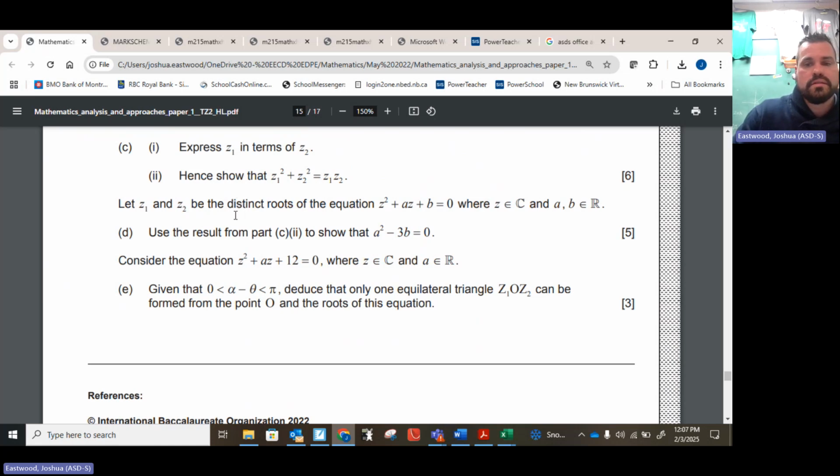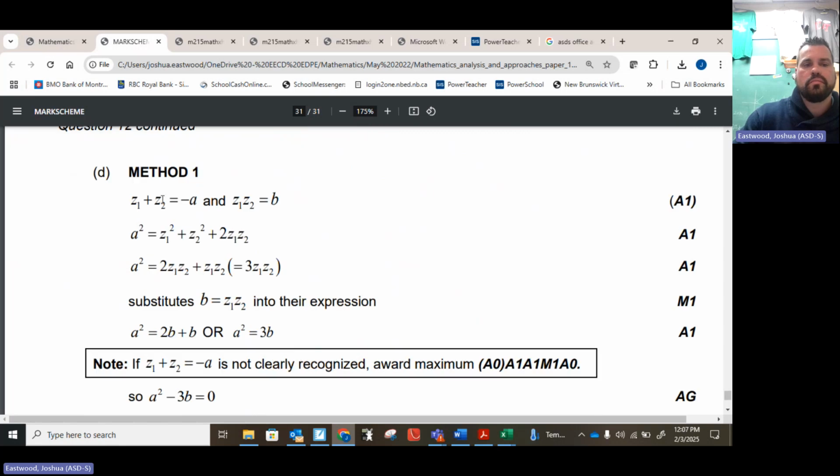And then part D says, okay, Z1 and Z2 are the distinct roots of this equation. Use the results from part C to show that a squared minus 3b is equal to 0. So what you're doing is saying, well, Z1 plus Z2 is minus a, and Z1 Z2 is b.